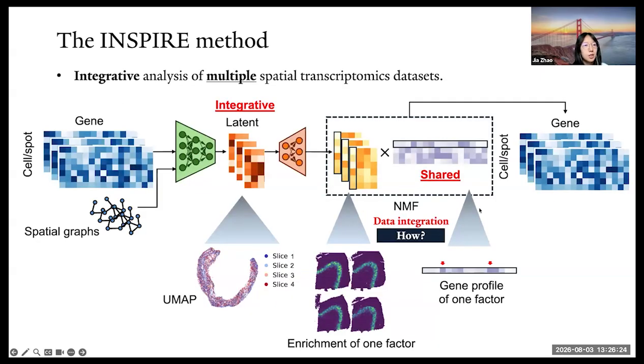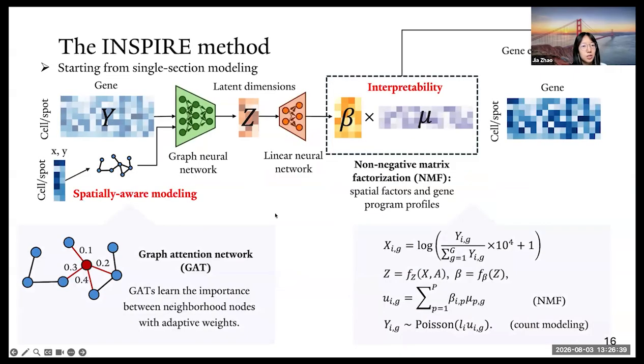Now, after introducing how we achieve that, basically reformulating the previous method with deep learning, this page shows how we can adapt those traditional methods into the deep learning framework, but still achieve interpretability in single section modeling.